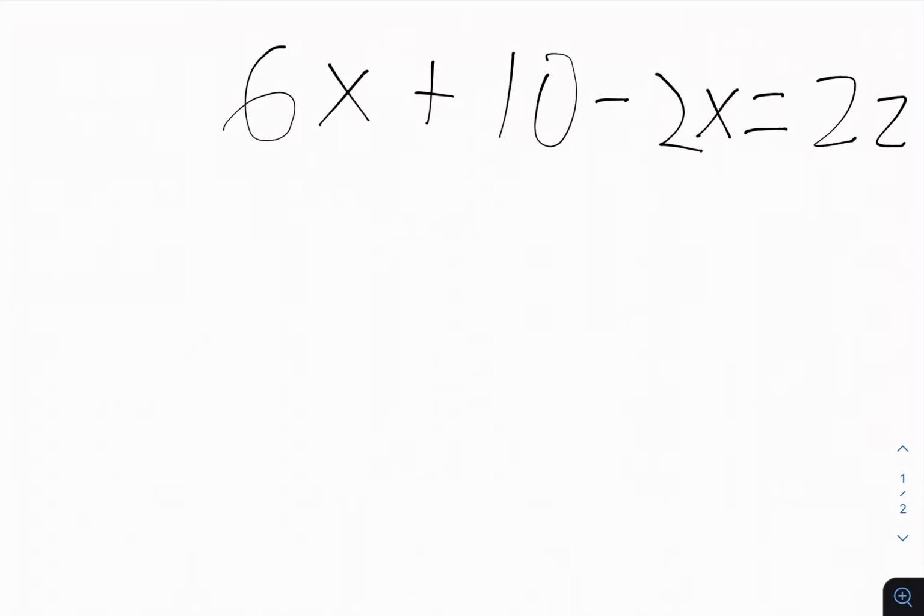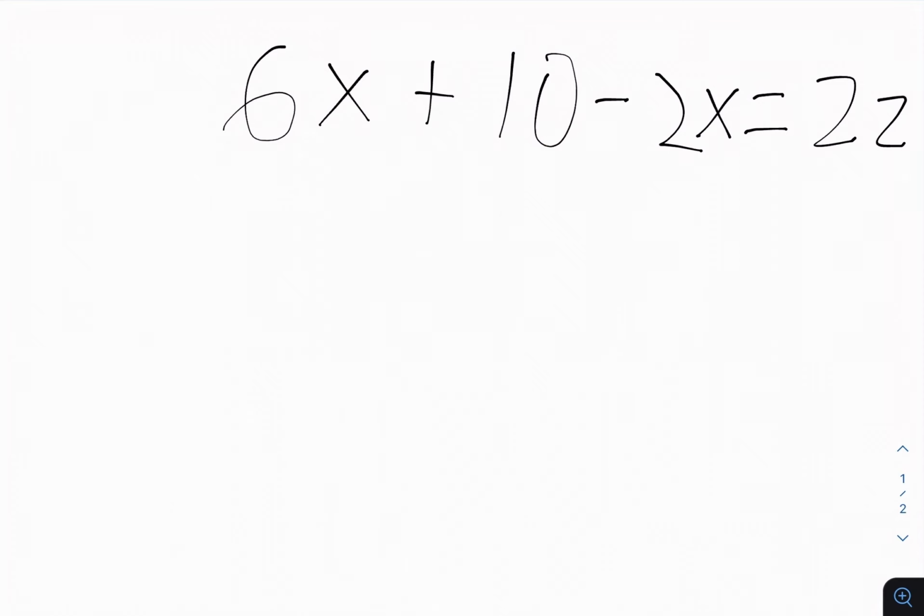Okay, so to solve this, it might be confusing when you see it at first, but it's pretty simple. Make sure that the first thing you always do is combine like terms. You can move around these parts of the equation, these expressions and numbers, to minimize the equation and make it easier.